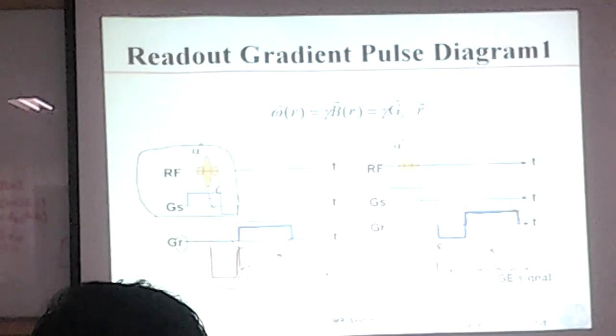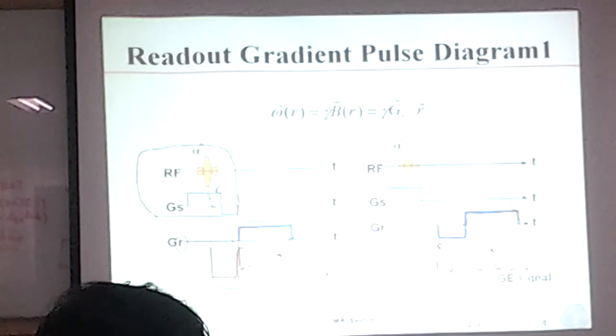Spin echo signal is an RF echo signal, right? RF echo signal or spin echo signal is generated by the combination of a 90-degree RF pulse and a 180-degree RF pulse. RF echo. Okay. RF echo is the spin echo.